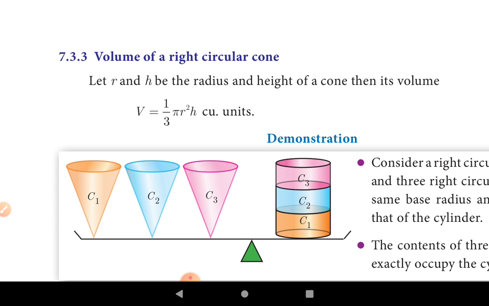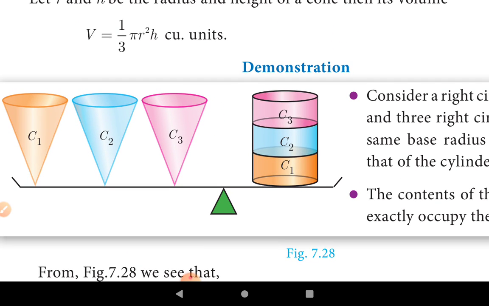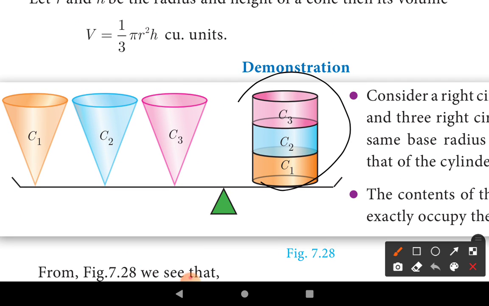Now if you want to fill that right circular cylinder, you have to measure 3 times. So this is the liquid inside, whatever the liquid, water or any other liquid. Which means you have to take 3 times.